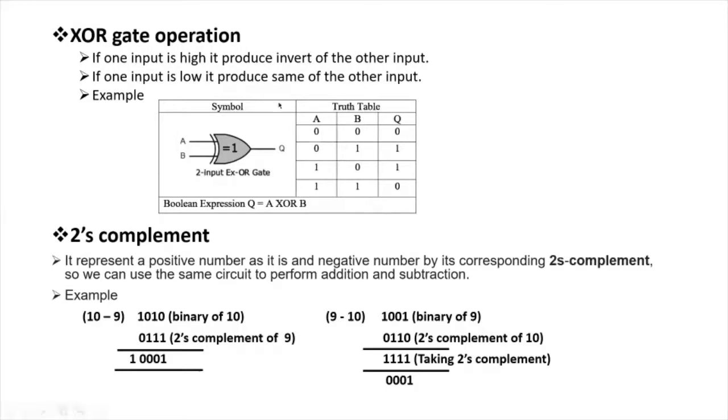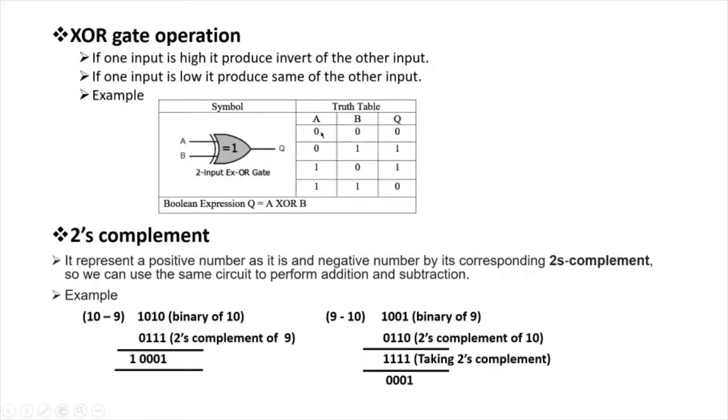In this experiment, we have two major concepts: XOR gate operation and 2's complement. Let's see them in detail. In XOR gate operation, if one of the inputs is low, it produces the same as the other input.